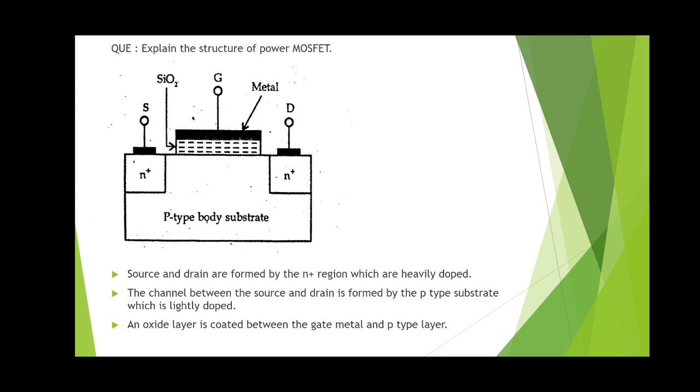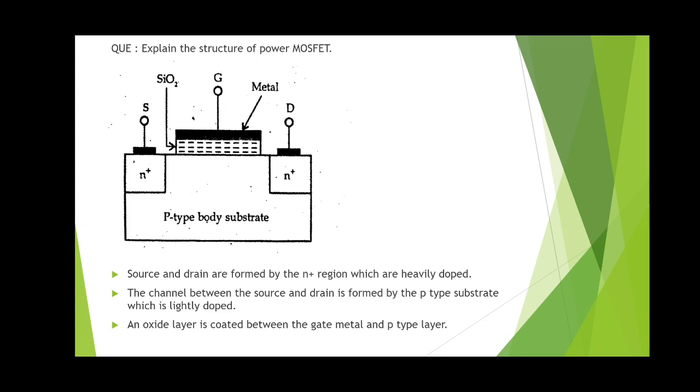So the next question which is asked is: explain the structure of power MOSFET. First we have to draw the structure of the power MOSFET, then we will go with the explanation. So we observe that a p-type body substrate is there, N plus layers are present, then an SiO2 layer is there, then the gate is connected with the metal.